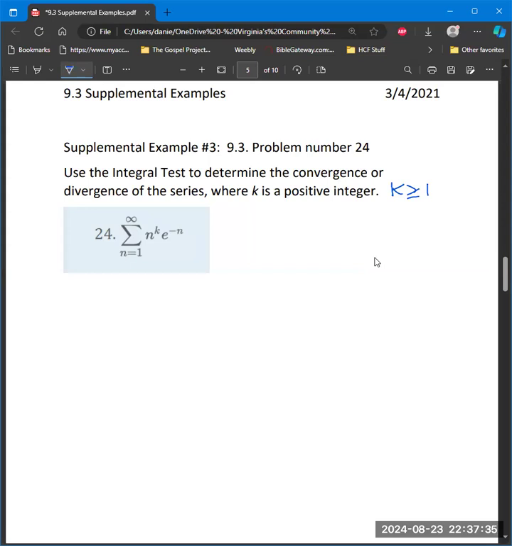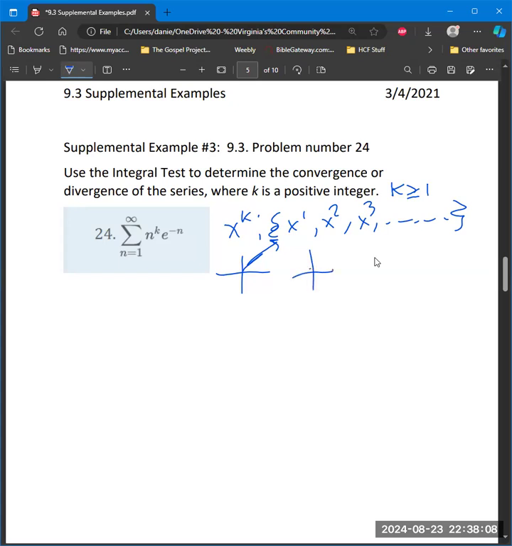So let's just look at x to the k here, for example, x to the first, x to the second, x to the third, and so on. I'm just going to look at these various graphs at the positive part, because x needs to be positive here and k needs to be positive.